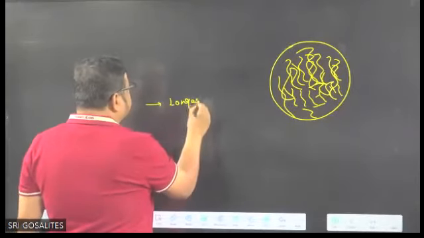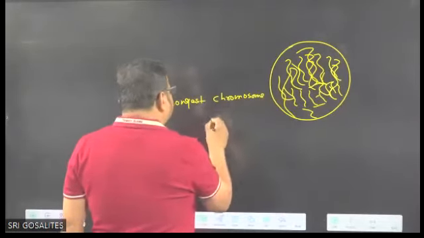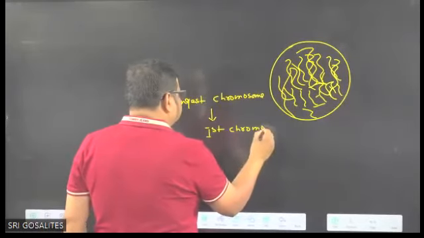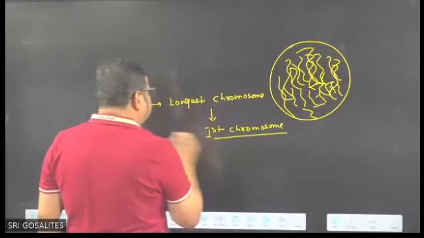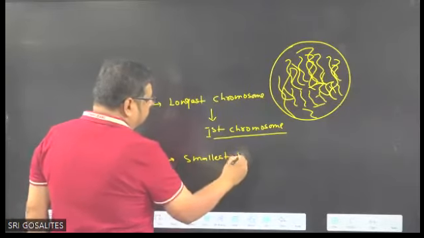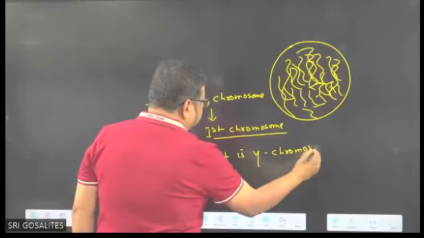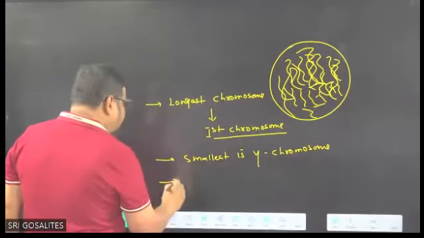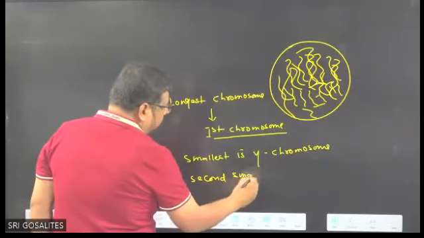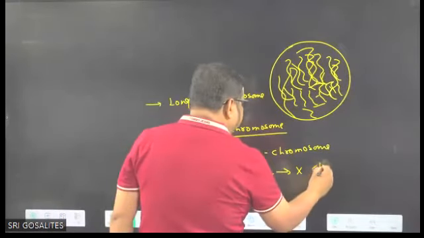The smallest is the Y chromosome, and the second smallest is the X chromosome. You just note it.